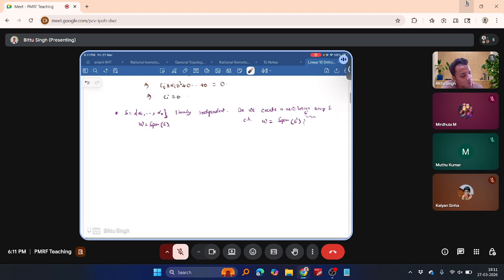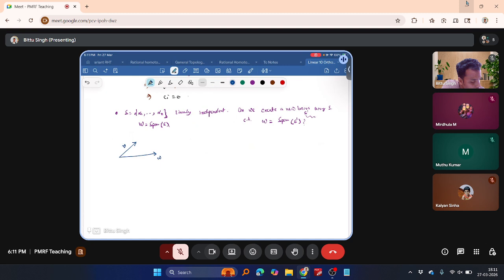There is a standard method, or standard theorem, which solves this problem. The idea is very easy to see, and it comes from the standard inner product or vector calculus. Suppose this is a vector v, and this is another vector w.